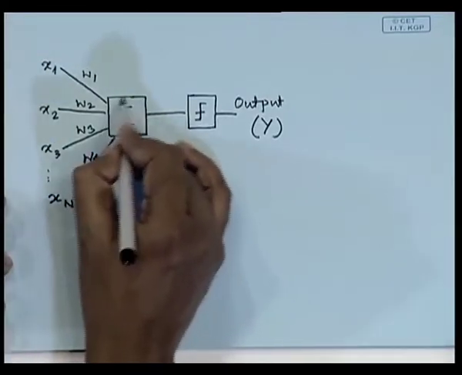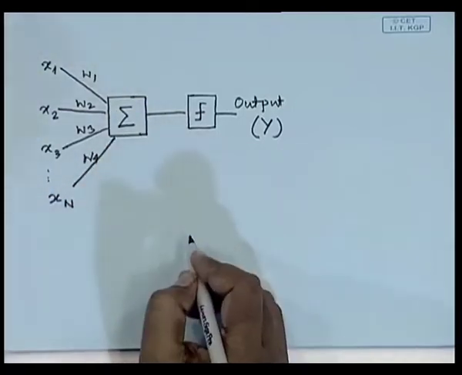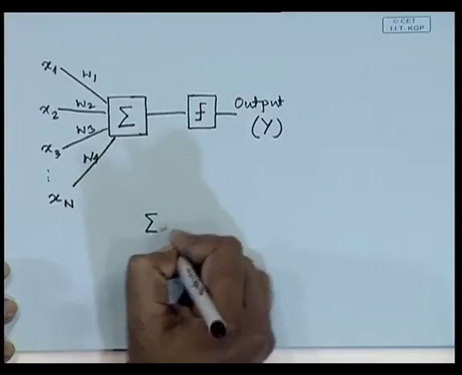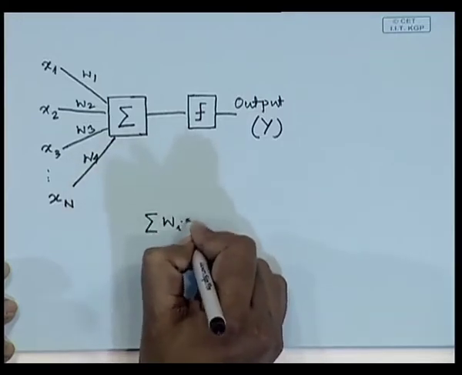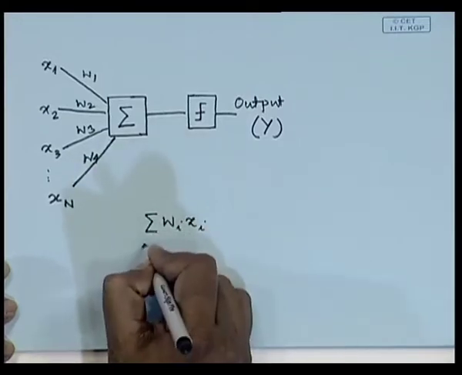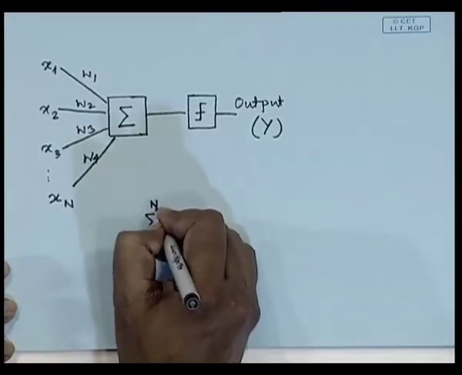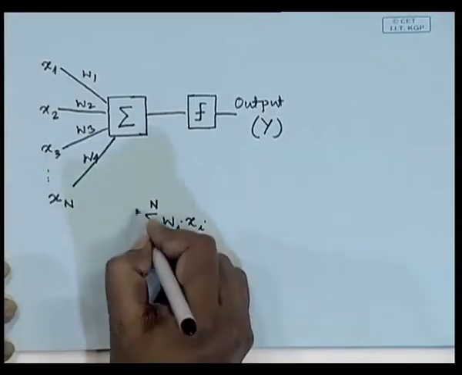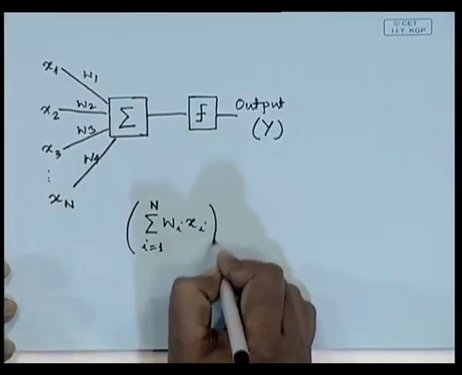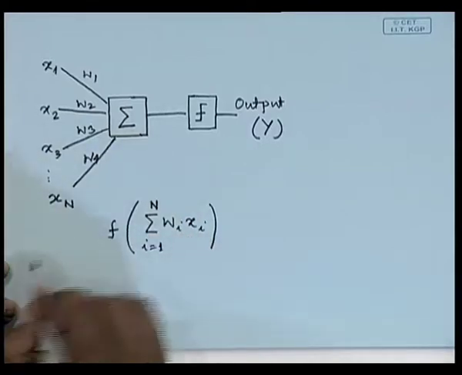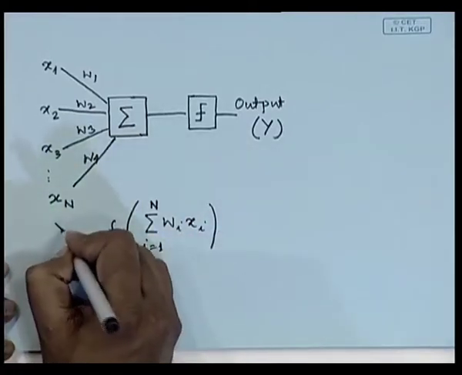So what I have at the output of this is the summation of Wi xi, where i varies from 1 to n. And on this I have a nonlinear function f, and that is my output y.